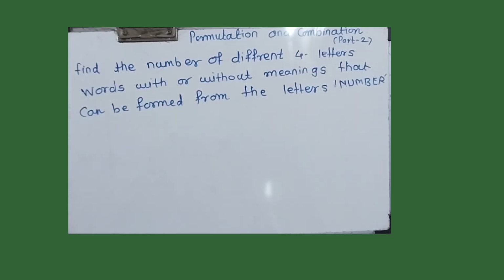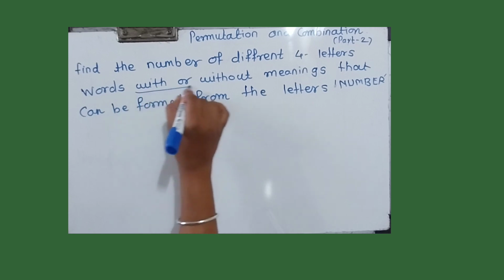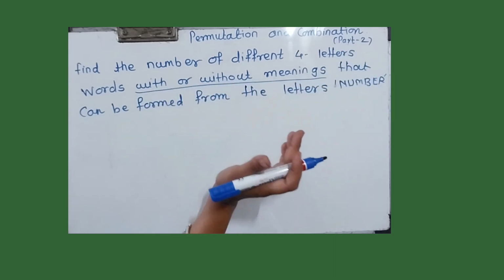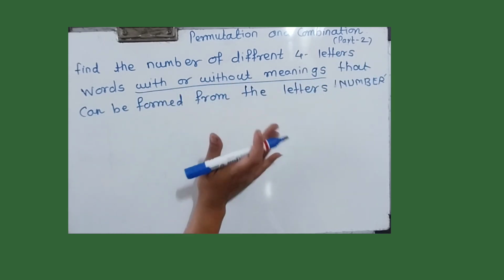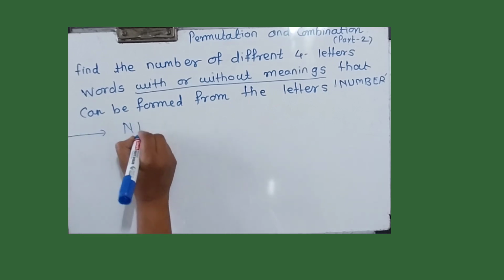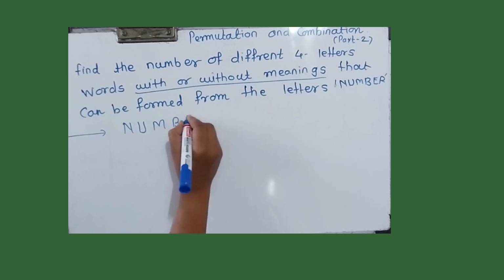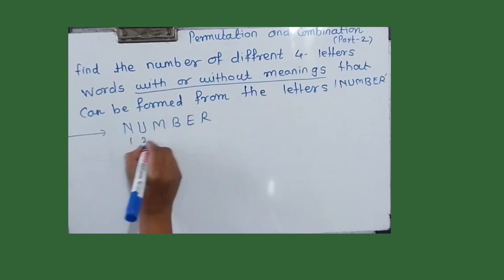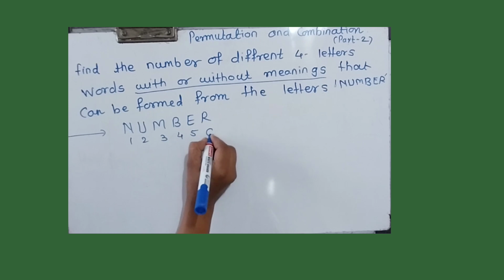Collect the problems from university questions and solve them. See the example. Find the number of different 4 letter words, with or without meaning, that can be formed from the letters of NUMBER. N-U-M-B-E-R. How many? 1, 2, 3, 4, 5, 6.